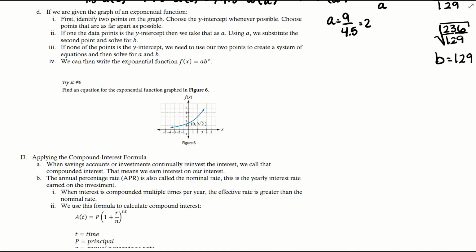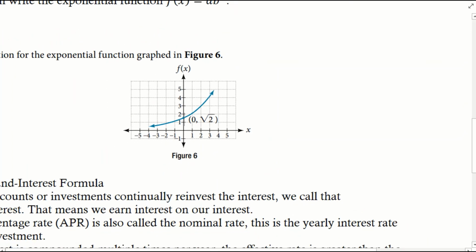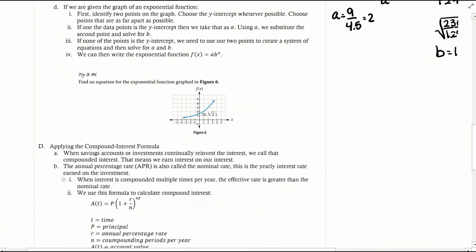So looking at this graph, we can see that that point is 0, and it's telling us that that point is 0, square root 2.